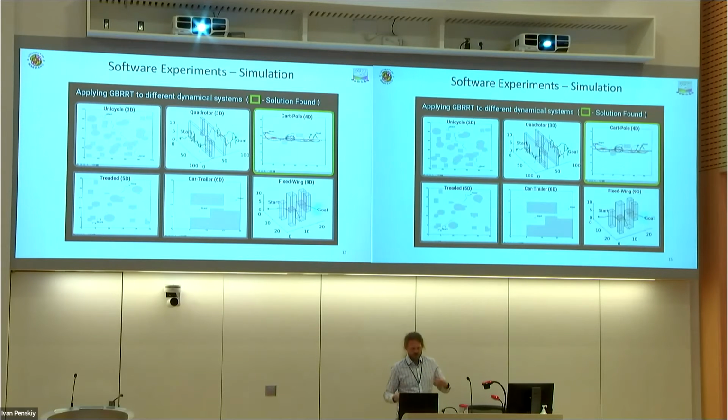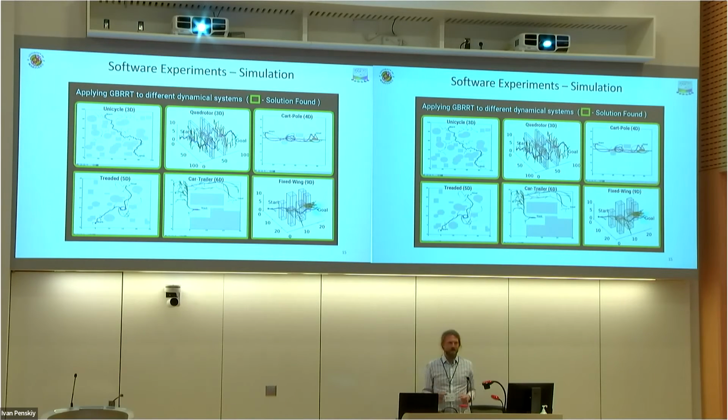We tried it in all of the different scenarios here. Here are some videos of that working. Whenever they're done, it turns green. And you can see that these are very different types of systems that we use this general bidirectional motion planning for. So it's a pretty general technique that could be used for a lot of different robotic systems.